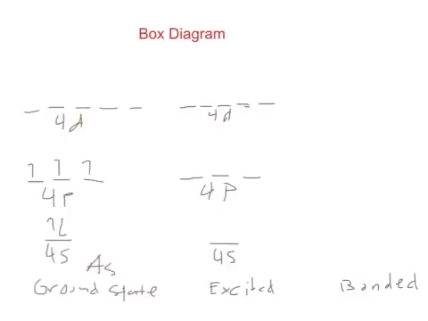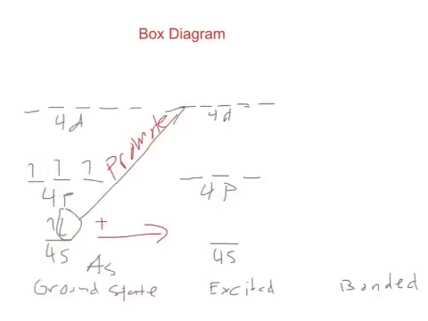Since we need 5 lone electrons so the 5 iodine can pair with them, we'll have to promote this one down here into the 4d orbital. So we'll fill in all the electrons.